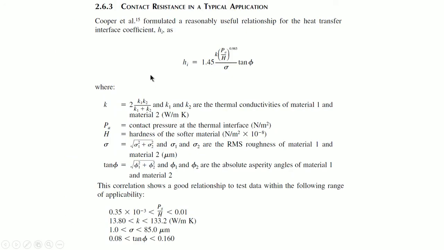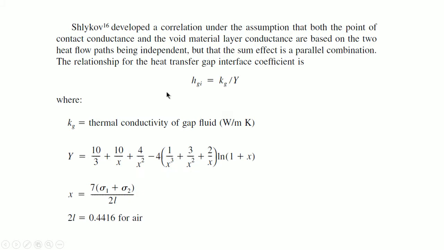Similarly, while this has been made by one researcher, they developed a calculation under the assumption that both the point of contact conductance and the void material layer are based on the two heat flow paths being independent. Some effect is a parallel combination.